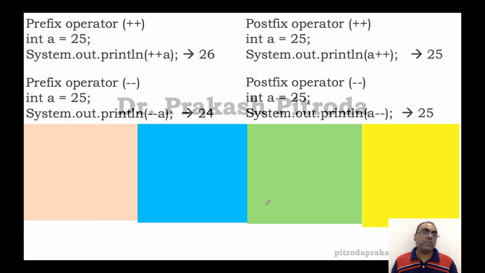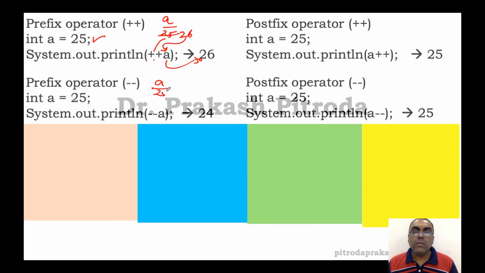So here is the question. For the prefix operator, if a is 25 and I say print ++a, in the memory a is stored as 25, ++ will make this 26 and apply it over here. So this has been supplied onto the screen. It's an expression. Same thing, a is 25, -- will be applied first, so it is going to make it 24, and 24 is applied, so you will see 24 on the screen.